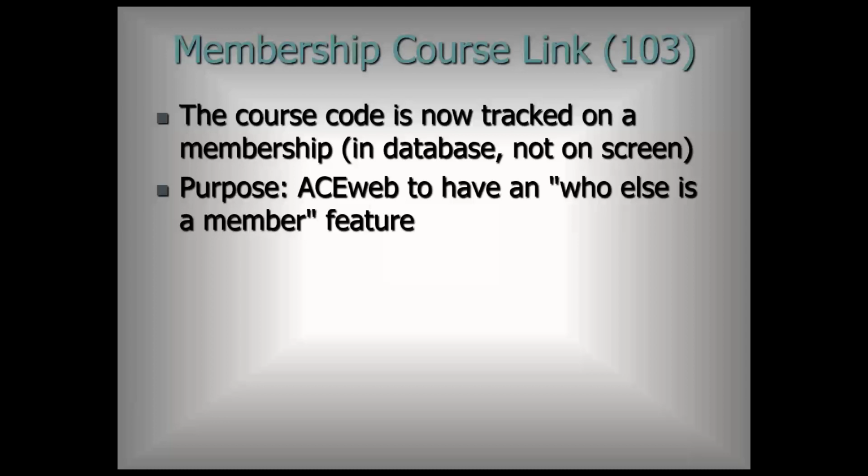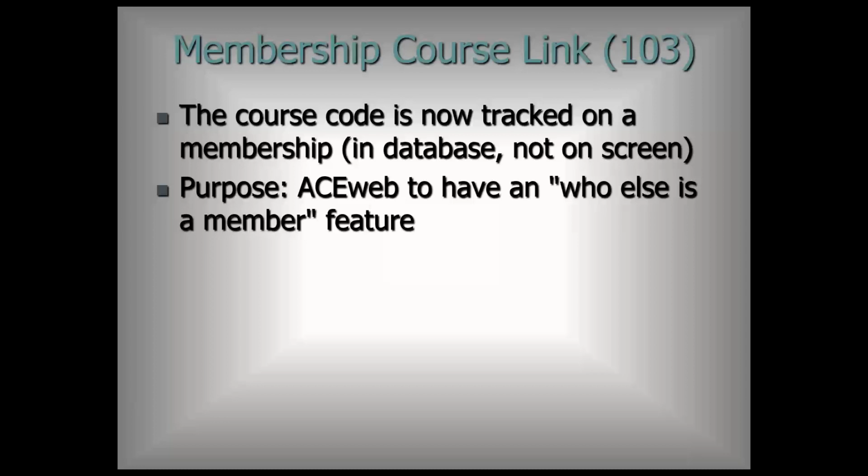So this is kind of behind the scenes, and so you don't really have to worry about it. What we're going to do is start tracking the course code where the membership is coming from. The main purpose is for ACEweb eventually to have a "who else is a member" feature.